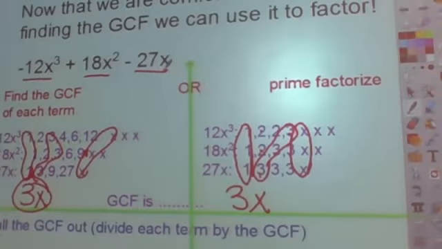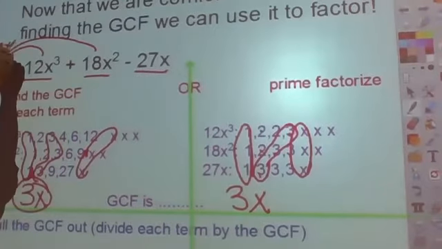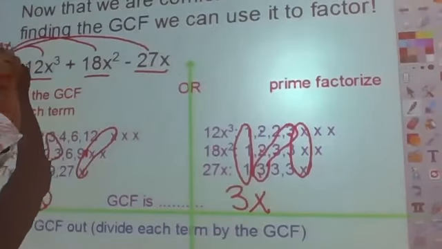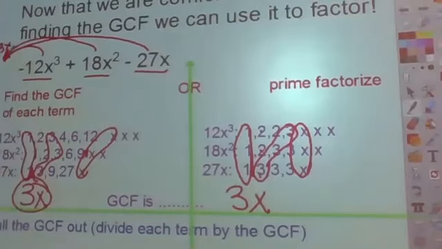So basically, you're going to pull a 3x out of this term, out of that term, and out of that term. You ready? So what's negative 12 divided by 3? Negative 4. Okay, are you watching? Paying attention? So I'm going to pull a 3x out.